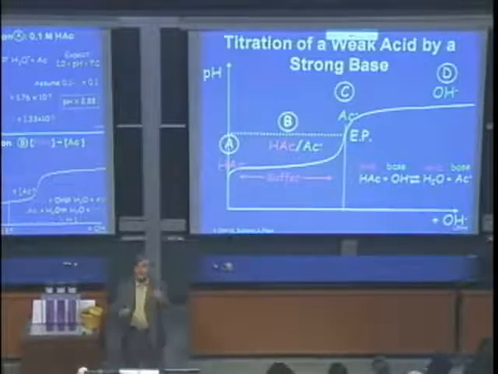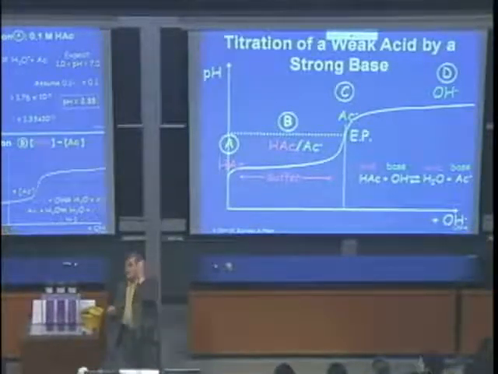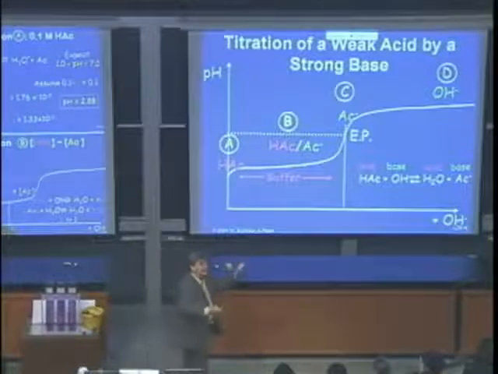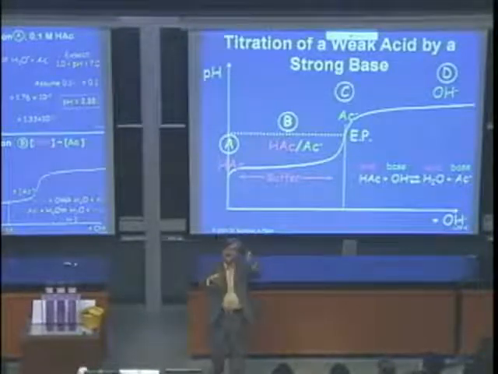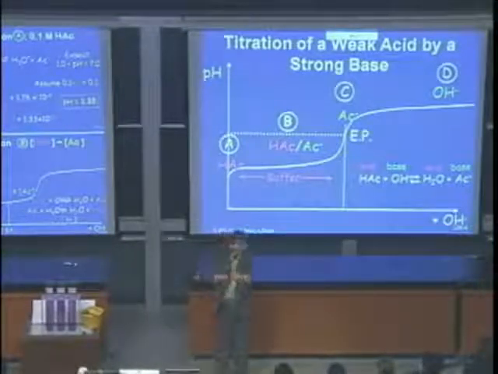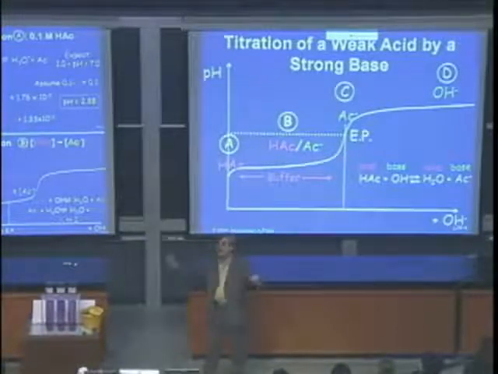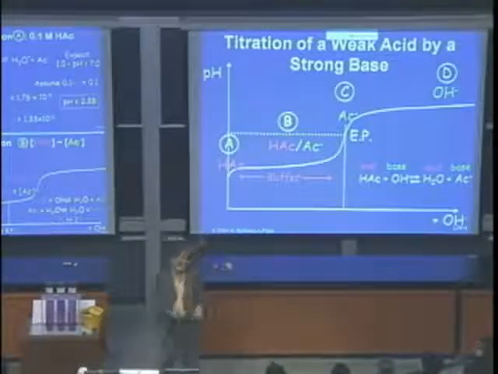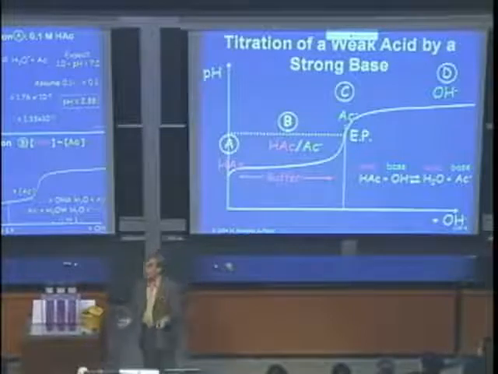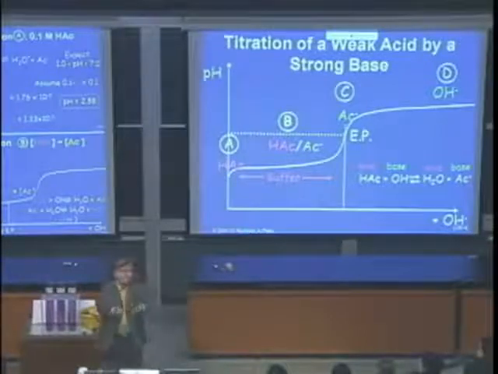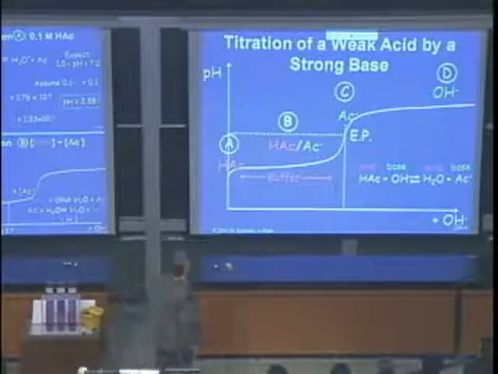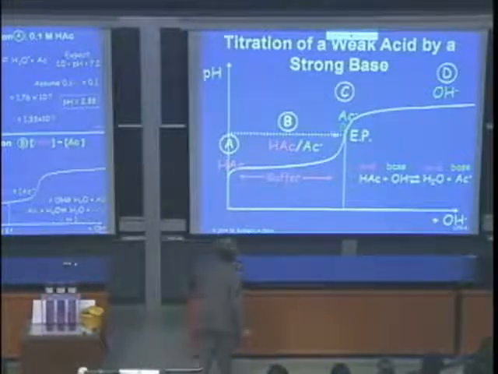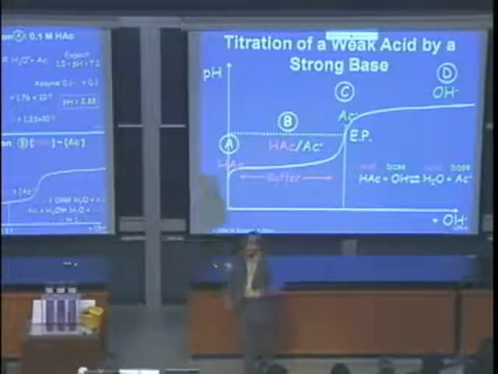Okay, this is when, molecule per molecule, H3O+ was neutralized with OH minus. At the equivalence point, for a strong acid, we should have pH 7 because we have just water. But with these darn weak acids, we have this acetate ion to deal with.